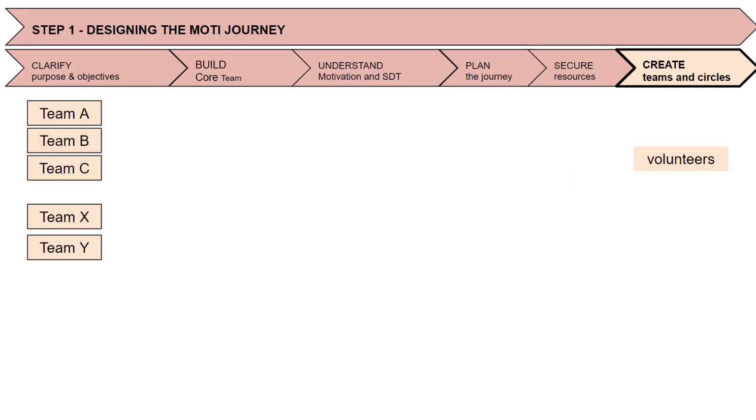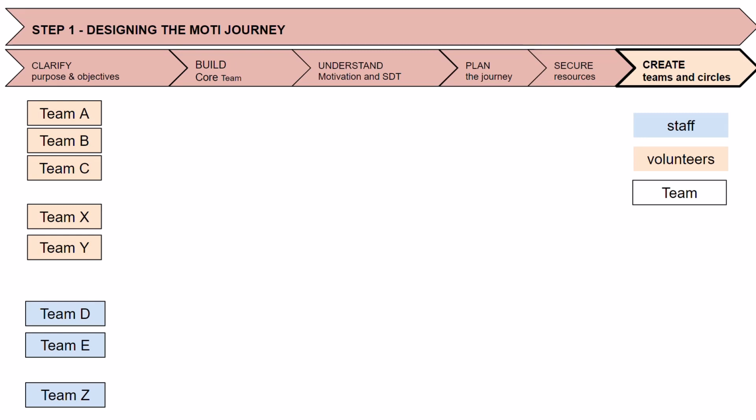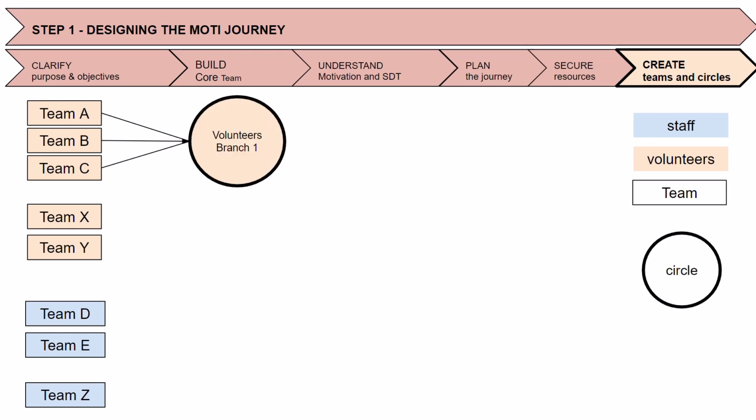Now, another way of doing this, and same logic, just a different example, is imagine you have 5 teams of volunteers. Here you have them on the left, and you have 3 teams of staff. Now, you can use the circles feature to group the teams by their branch. So here team ABC works in branch 1, and team X and Y works in branch 2.